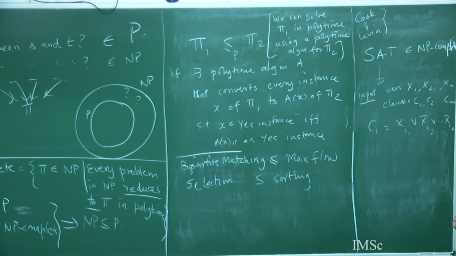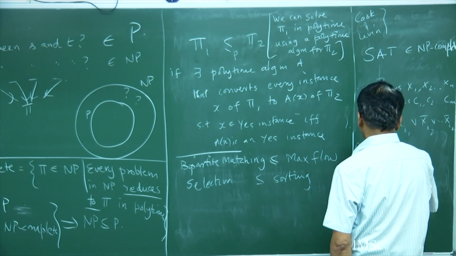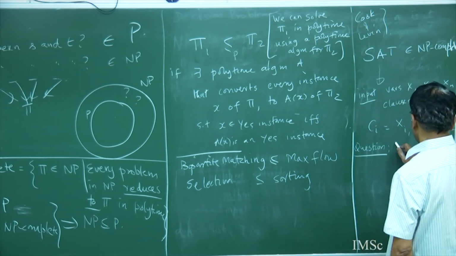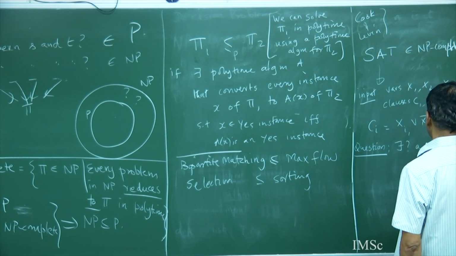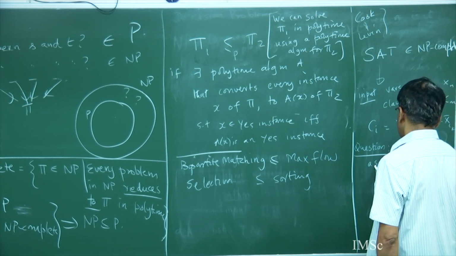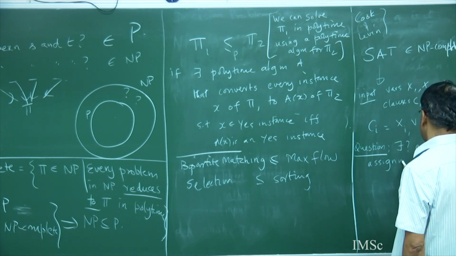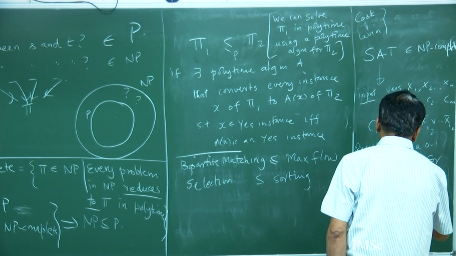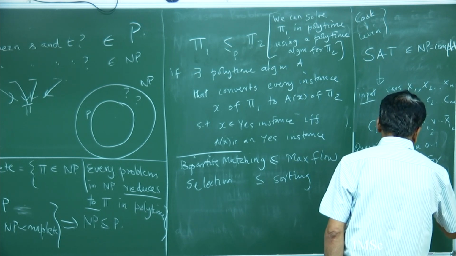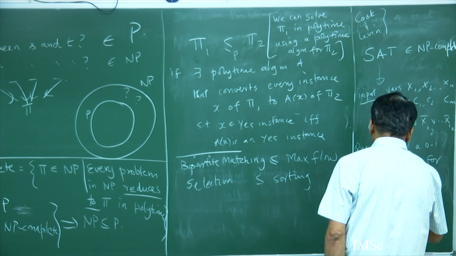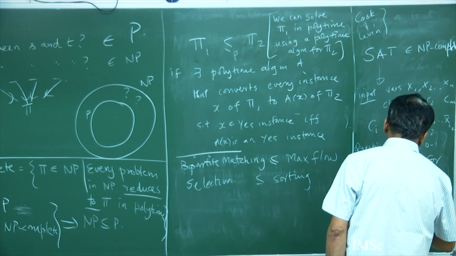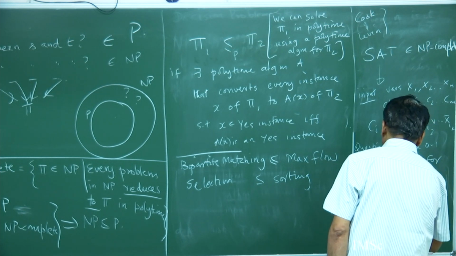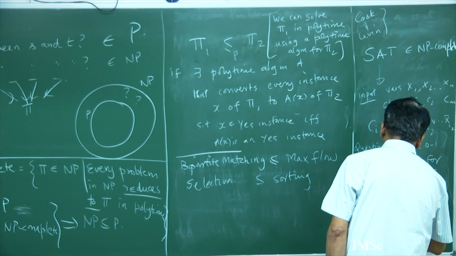It is a clause like this, and the question is, does there exist a 0-1 assignment for x1 to xn that makes all clauses satisfiable.